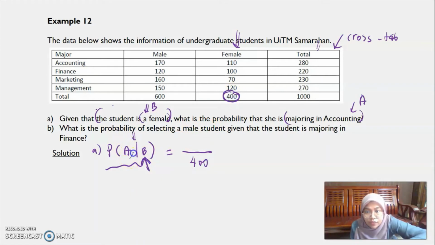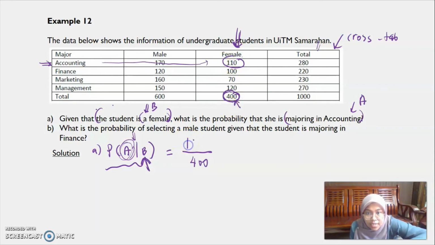Now we want to figure out this value. Refer to this column: we want the students majoring in accounting, so accounting is this row. For this row, the number of females majoring in accounting is 110. So 110 out of 400 females.